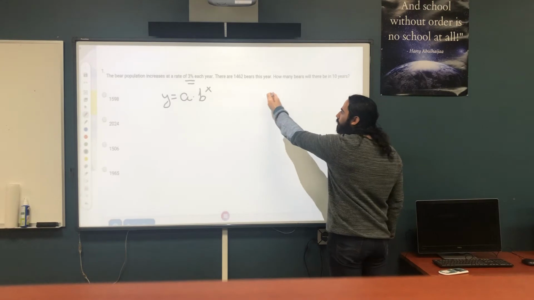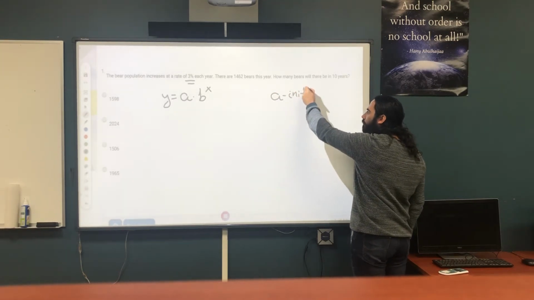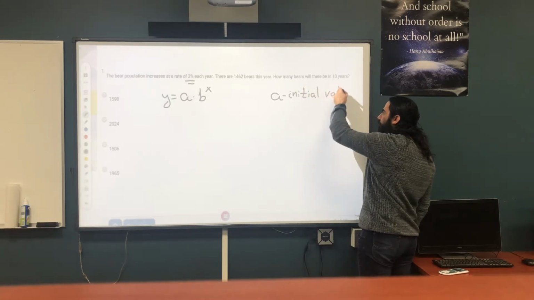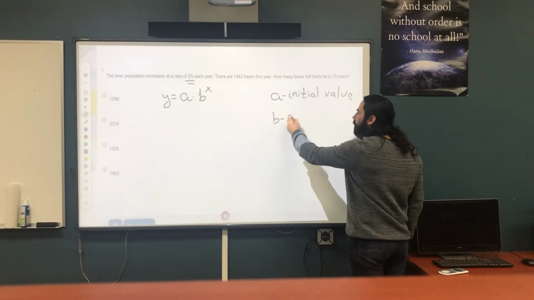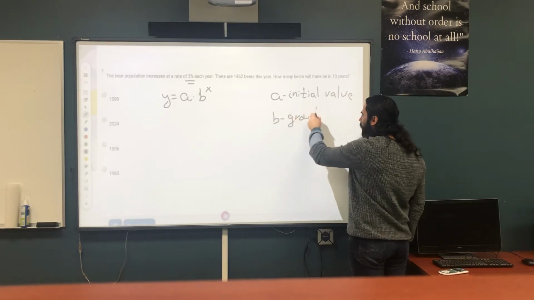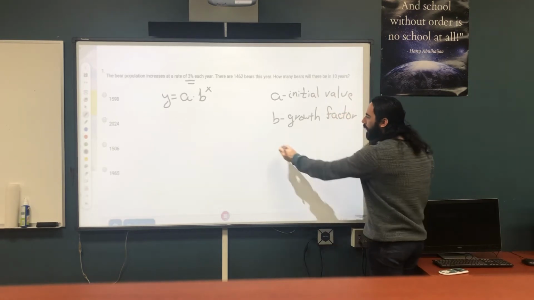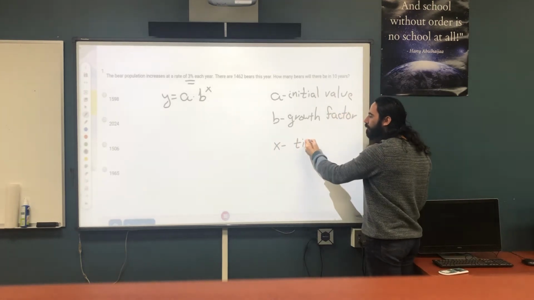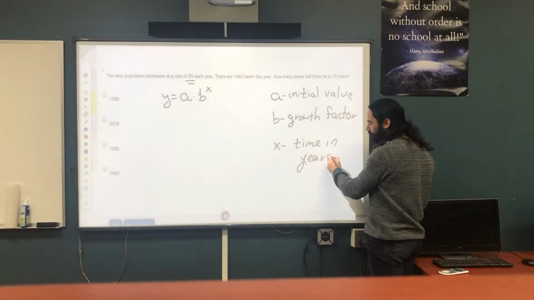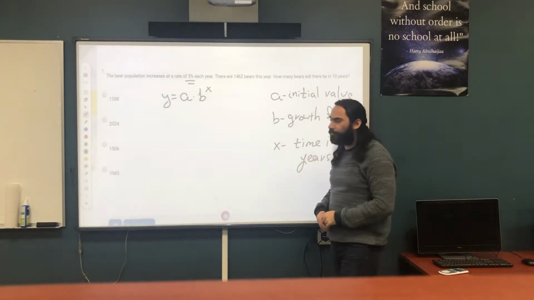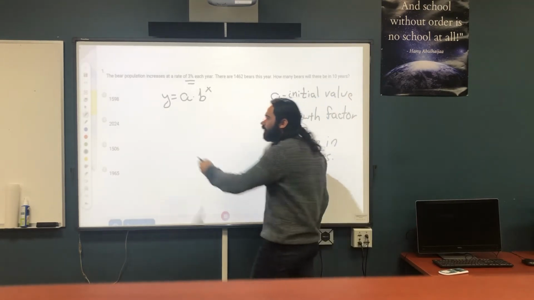I'll remind you that a represents the initial value, b represents the growth factor, and x represents the time in years. That is it. So all we need to do is plug in the numbers and we'll find it.